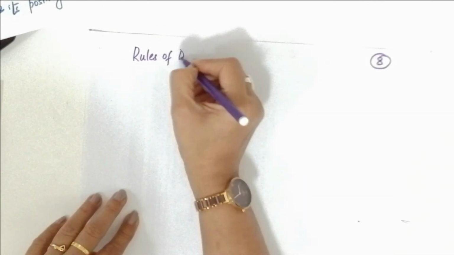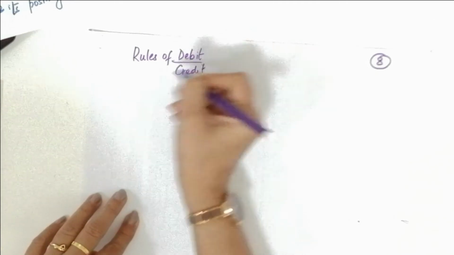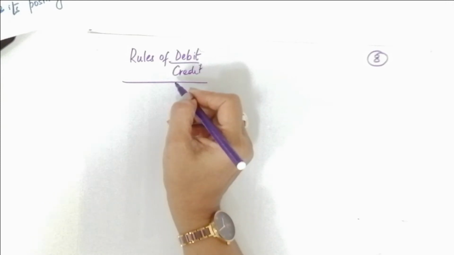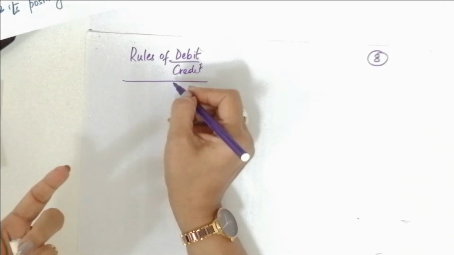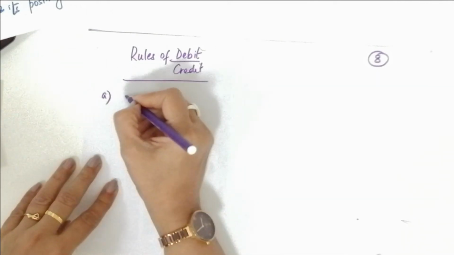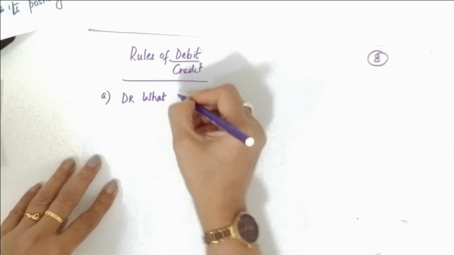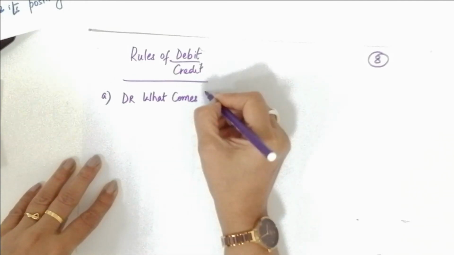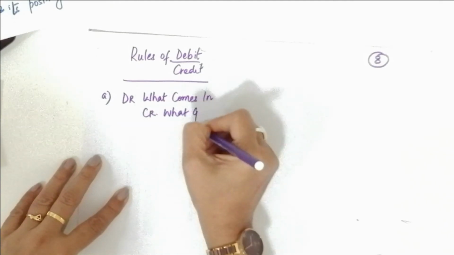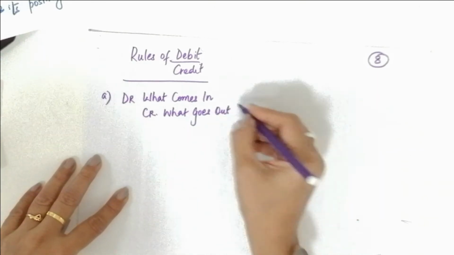Rules of debit and credit. Right? It's very easy for you to remember. There are three rules which you will do in detail and it will be very, very easy. The first rule is, I should always say, debit what comes in and credit what goes out. This I'll be telling you with the help of an example.